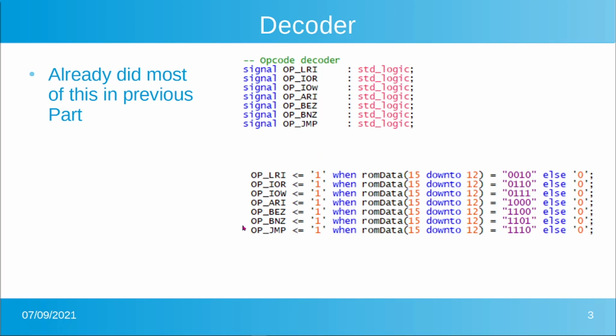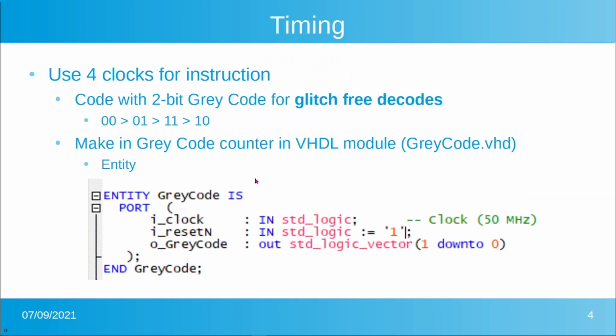And we've already dealt with those decodes and generate all of the individual strobes for those individual instructions. Now, they're not gated with a clock or anything in here. It's just purely, if the ROM data has this value on it, then set that bit. So other things that use them will have to deal with them and generate strobes, but they should bound anything that needs to be done with the 4 clocks that we have.